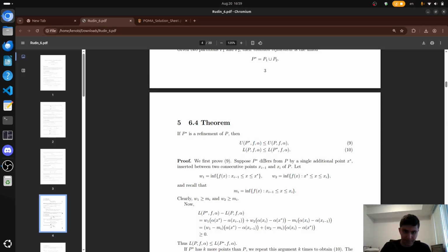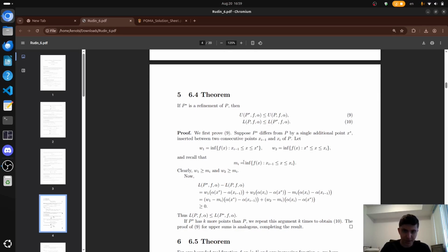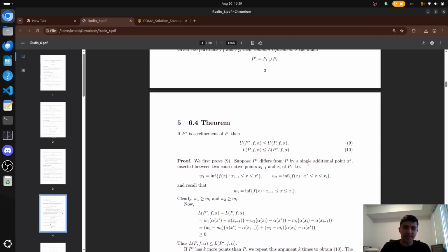Now the strategy for this is that we want to show that when we increase the number of divisions and keep the same thing, we can subdivide it further into two different parts and add them together.